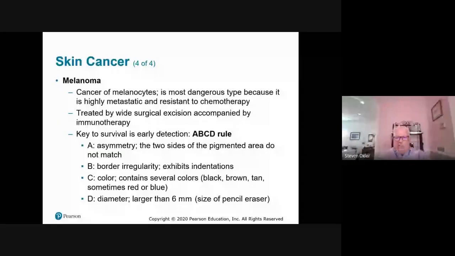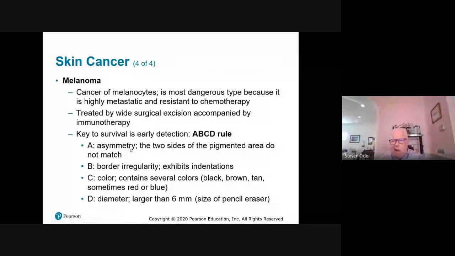I want you to know the ABCD rule of melanoma. The A, asymmetry. The two sides of the pigmented area don't match. B, border irregularity. It exhibits indentations. C, color.